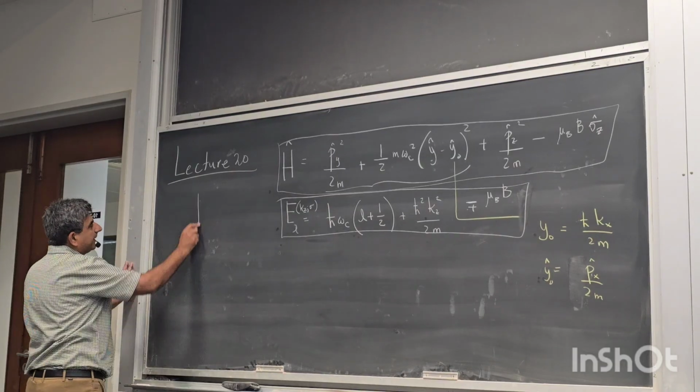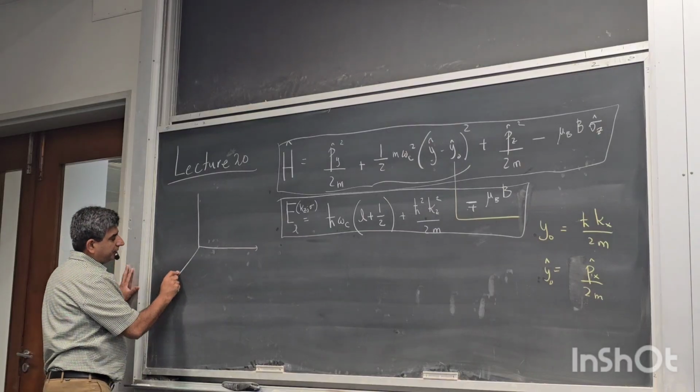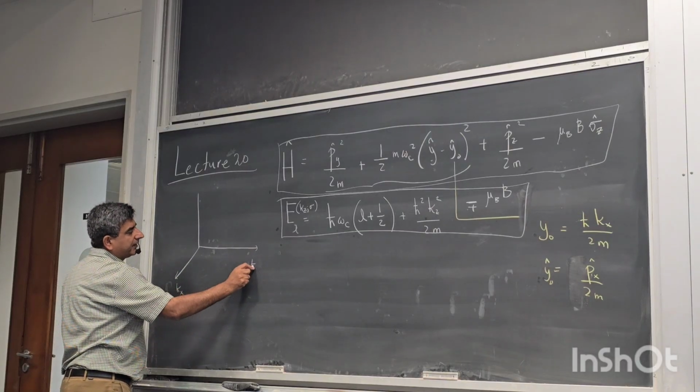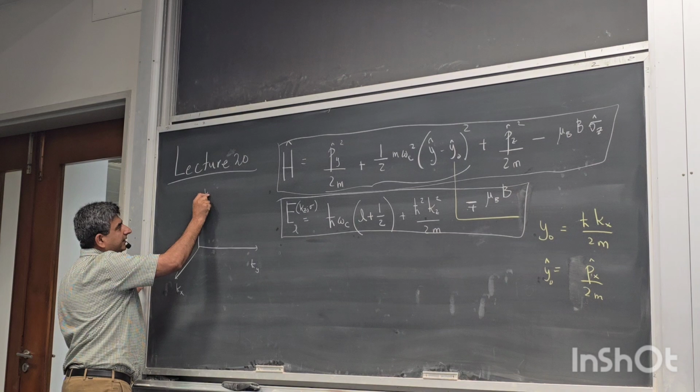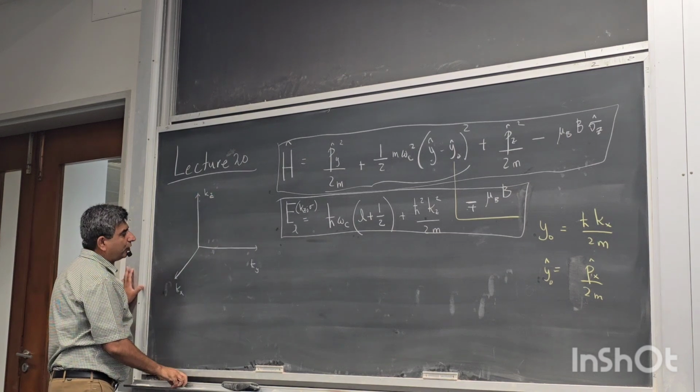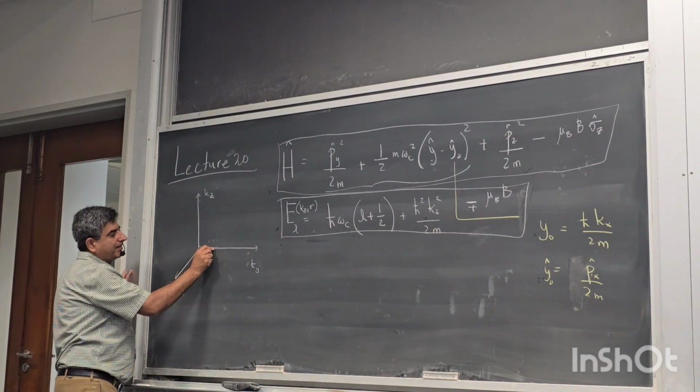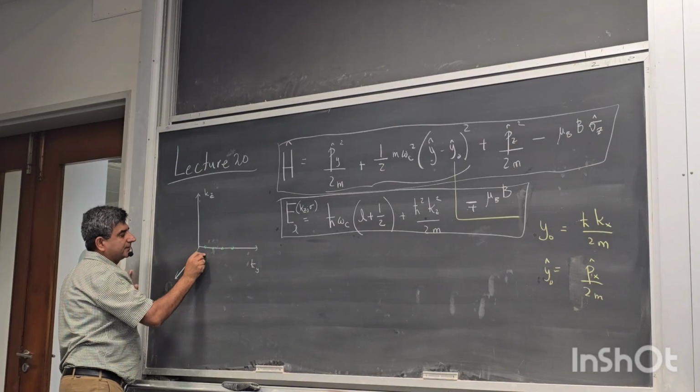So in the absence of a magnetic field, you have a Kx, Ky, and Kz, and you have all of these points equidistantly spaced.